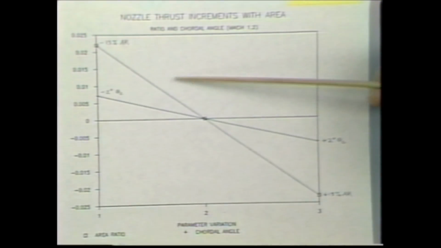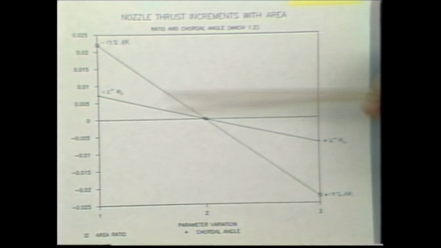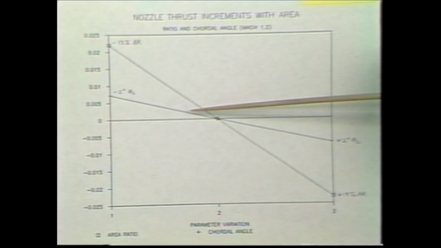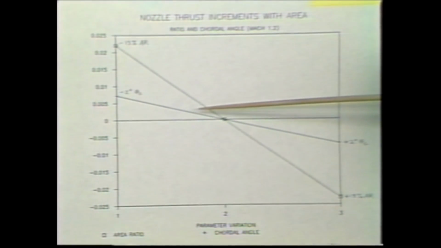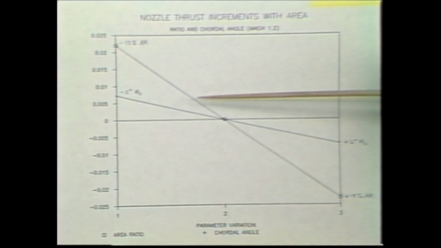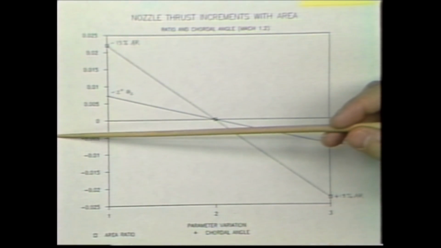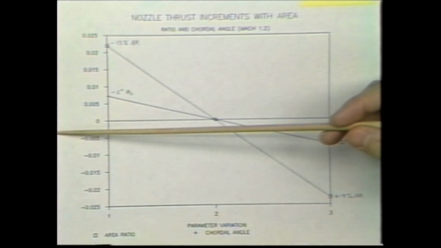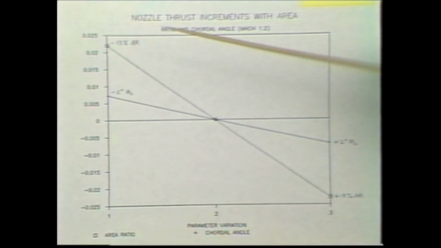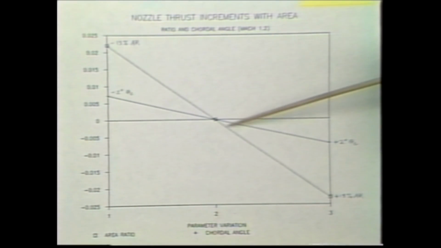Also briefly, this shows how 2 of the nozzle variables impact nozzle drag and nozzle thrust. This is in terms of a nozzle gross thrust coefficient, which is just a measure of nozzle thrust. I'll talk more about what gross thrust coefficient is later. But what it shows you is that, remember that chordal angle I talked about, that average angle of the nozzle?